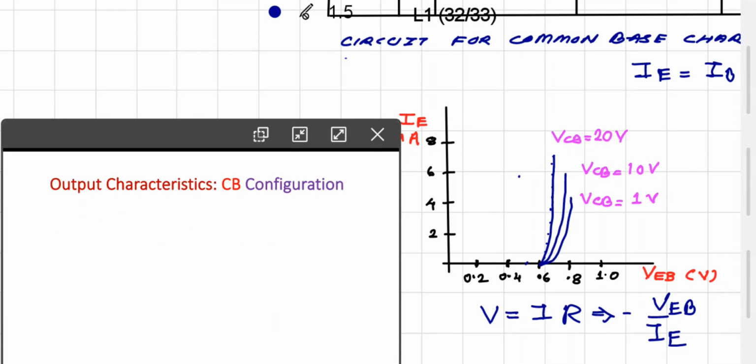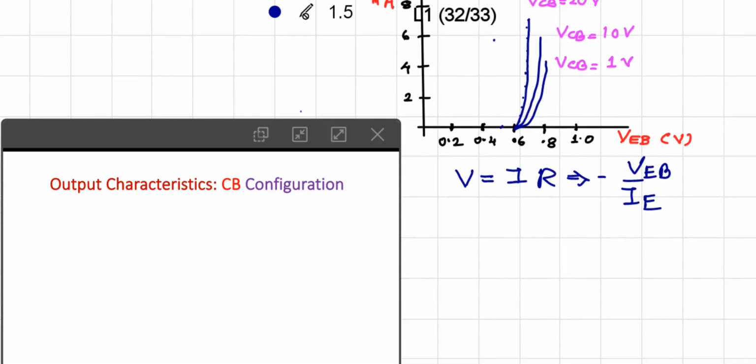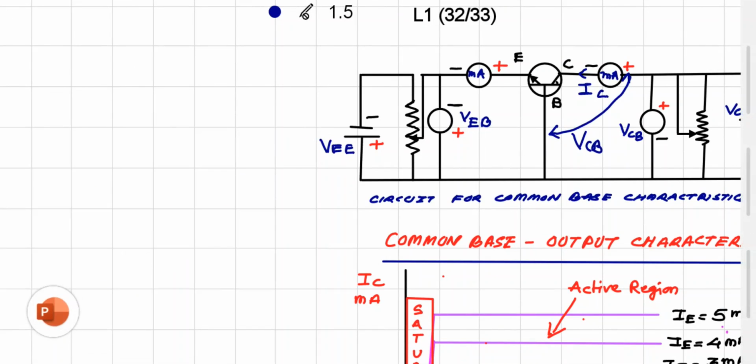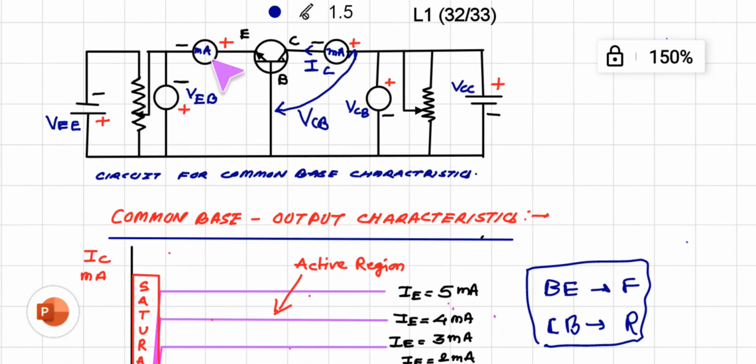So let us consider the output characteristics of the common base configuration. Here you see the same circuit, in which we studied the input; now we are going to talk about the output. At output, the voltage across collector base is VCB and the current flowing is IC.